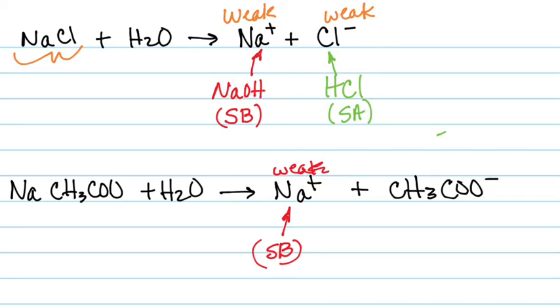And our acetate ion would come from acetic acid. Acetic acid is a weak acid, so expect the ion from a weak acid to be stronger.